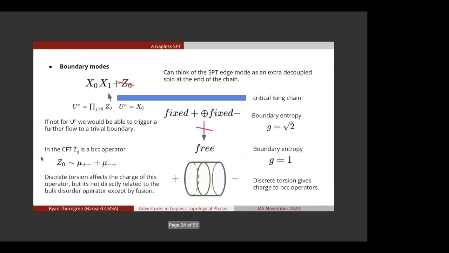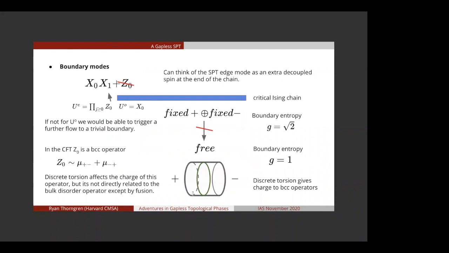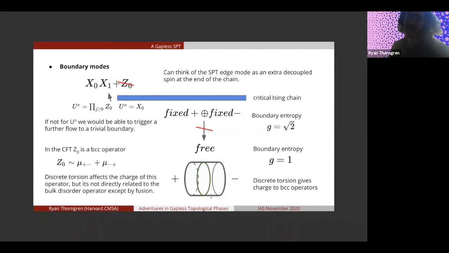So right, these BCC operators show up, if you think about state-operator correspondence, they are associated with these Hilbert spaces on the interval where you choose one boundary condition on one side and the other boundary condition on the other. So you can think of that as forcing a domain wall here, right?